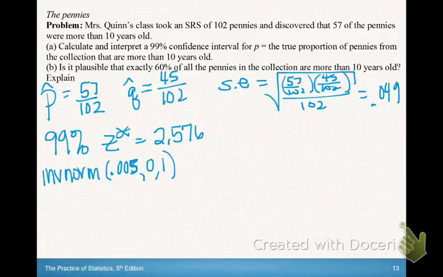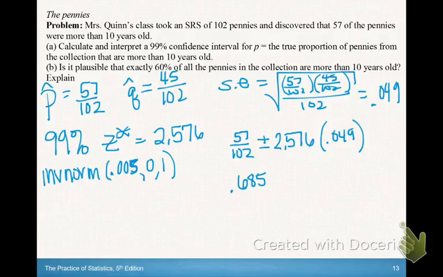So now to find the confidence interval, we take P hat, which is 57 out of 102, plus or minus 2.576, the critical value, times our standard error. In my calculator, I'm taking 57 divided by 102 plus 2.576 times the answer that we had before. For my plus, I got 0.685.